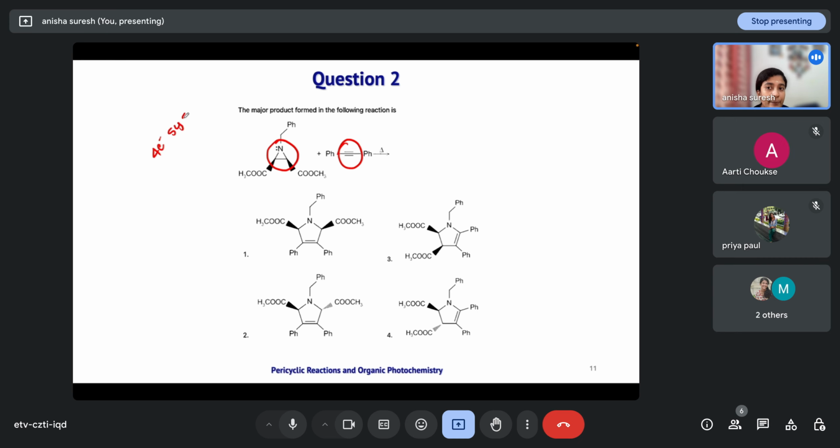So it is a 4 electron system. What mode of opening will it follow? Under thermal condition, conrotation. Conrotation it will be following, right?